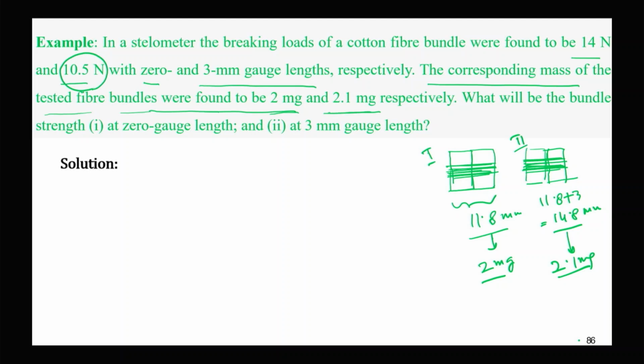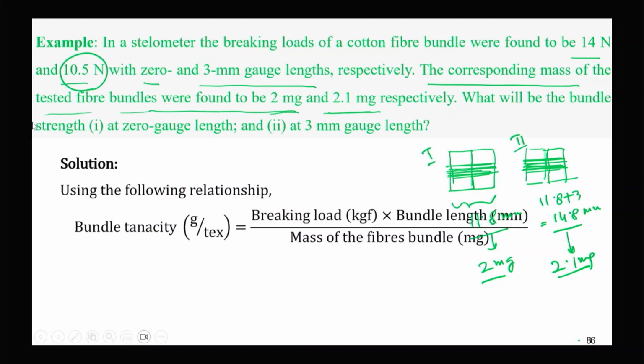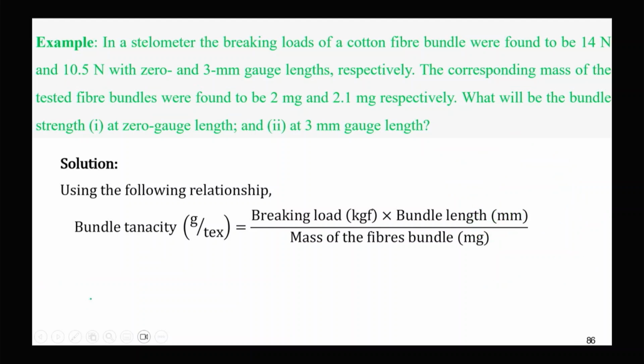Okay. Now let us try to solve using the relationship that we know. So if we want to calculate gram per tex, we need the breaking load in kilogram force, bundle length in millimeter, and mass of the fiber bundle in milligram.